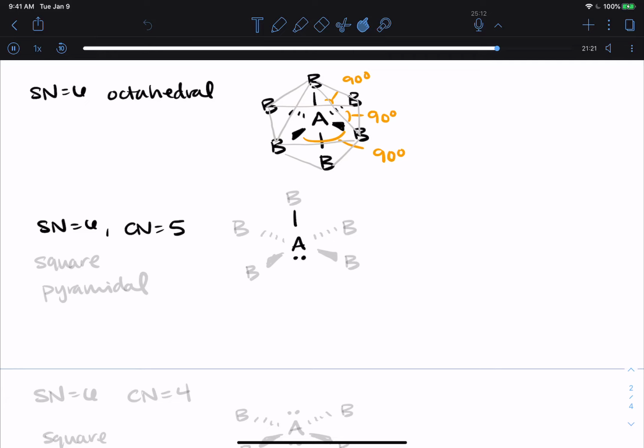So I'm left with that vertical position opposite the lone pair, and then these 4 that are all in the plane together. Put in my atoms. And the name of this shape is square pyramidal. So it looks like a pyramid that has a square base.